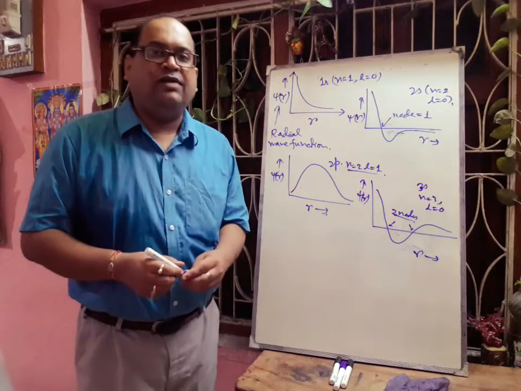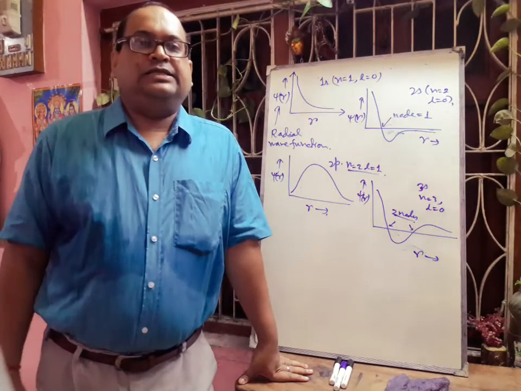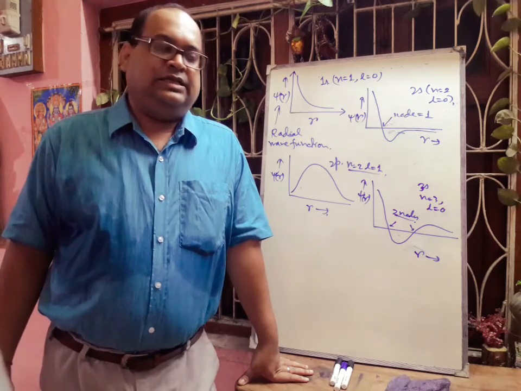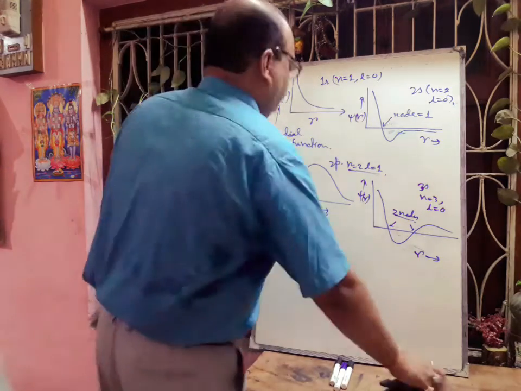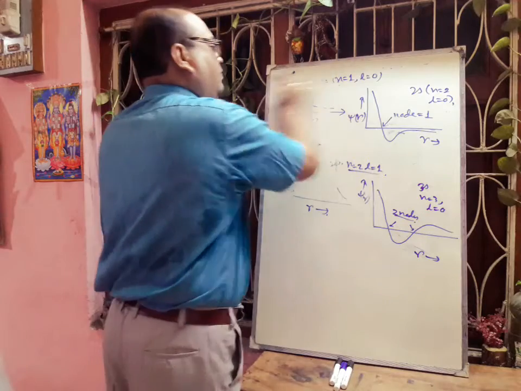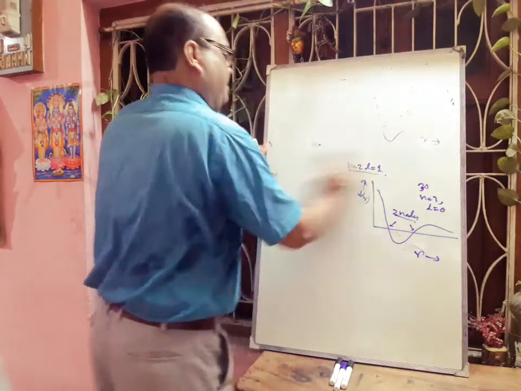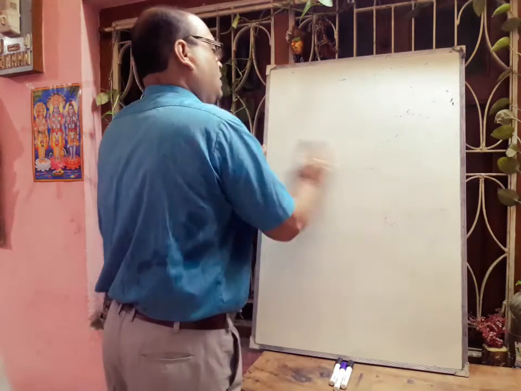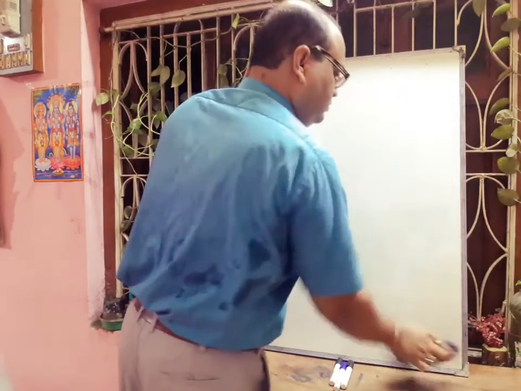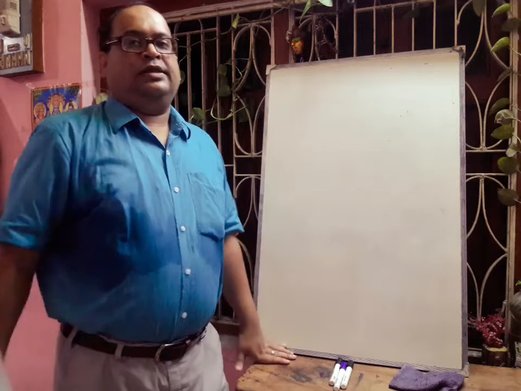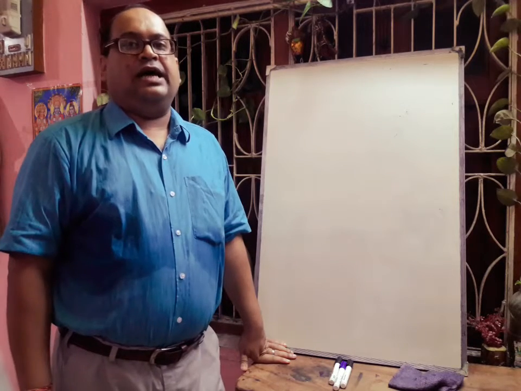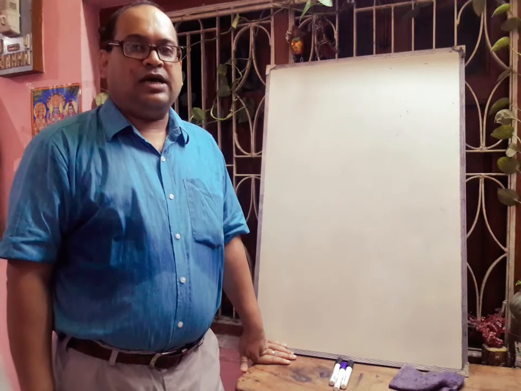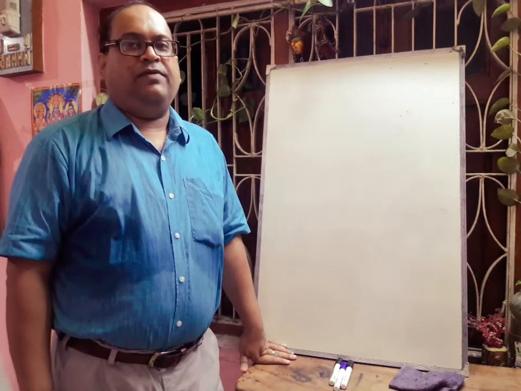Okay. So the square of the radial wave function, that is psi square r or R square for an orbital, gives the radial density. Next we will draw the radial density curve. The variation of psi square r as a function of r of different orbitals are given in the figure, and the nature of these curves are different for different orbitals.